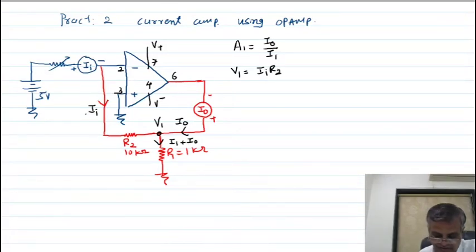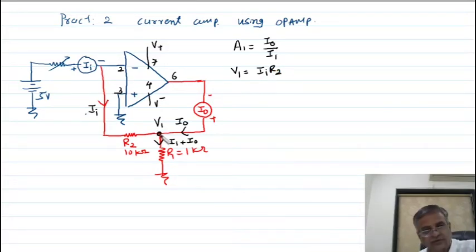This voltage with respect to ground, these two points having nearly the same potential. So I can say V1 with respect to this point is current multiplied by resistance. So I have written current into R2.